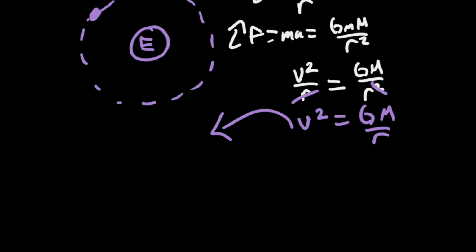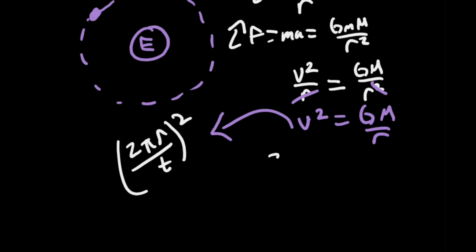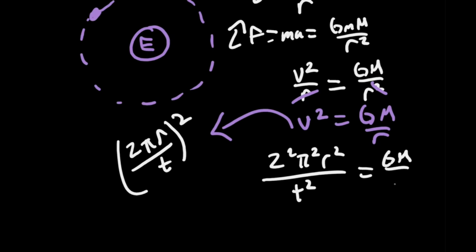We know that our distance here is simply going to be 2 pi r, right? We're just going to use a circumference formula. So it's going to be 2 pi r divided by T. So we're going to get 2 squared pi squared r squared over T squared is equal to GM over r.